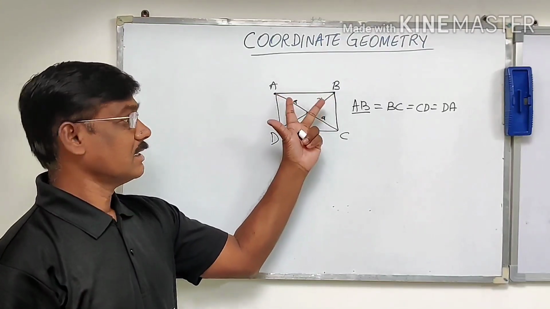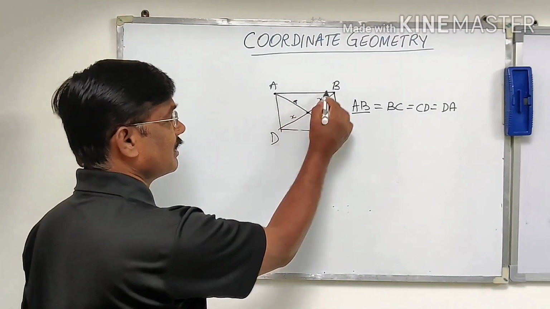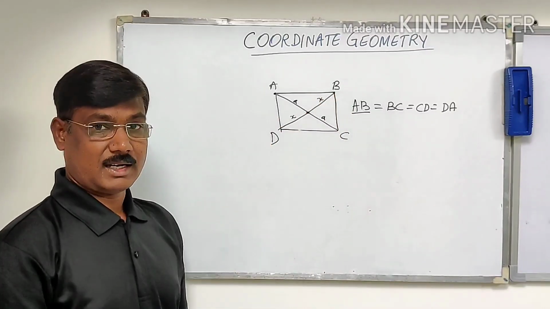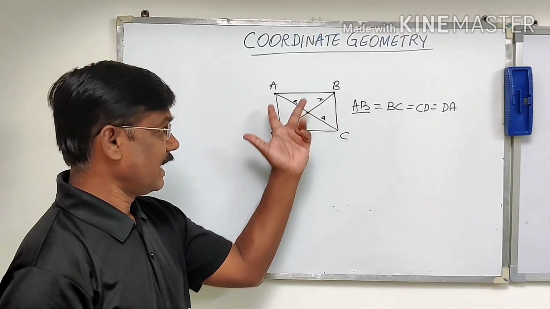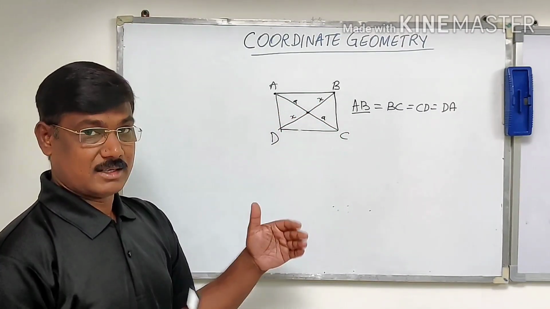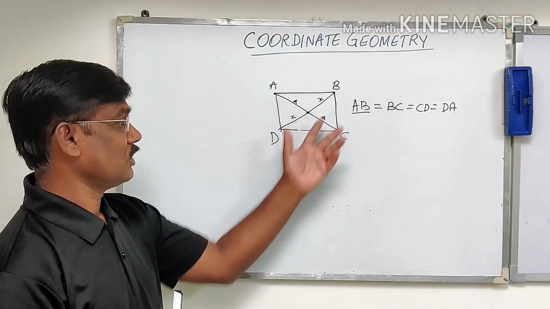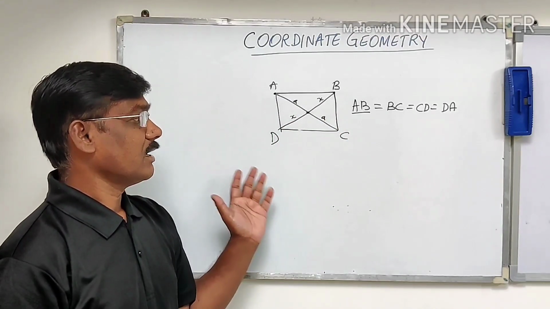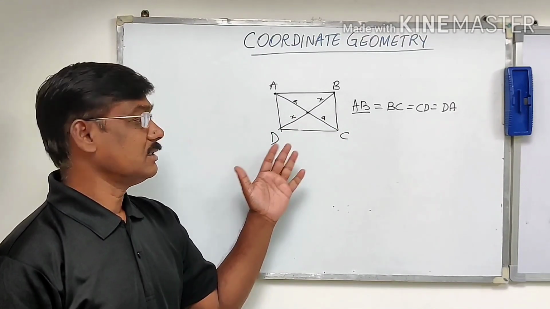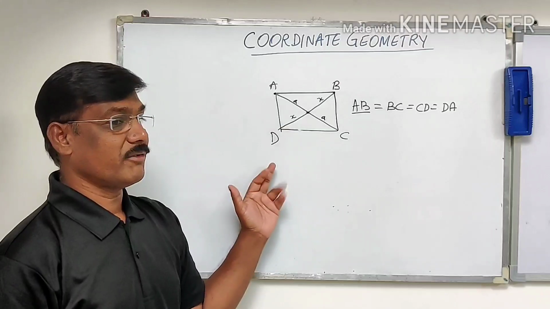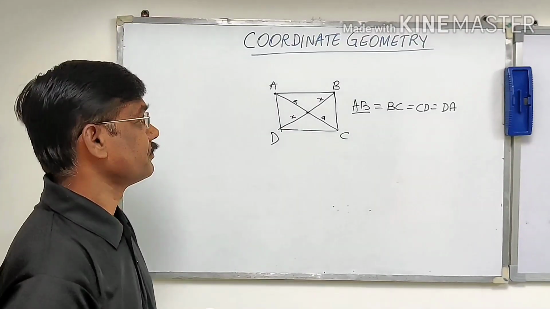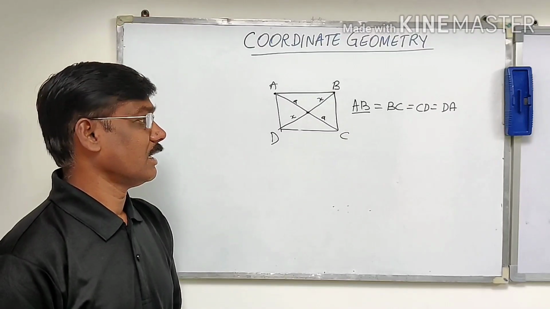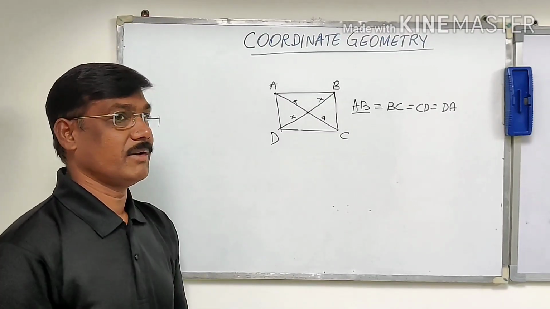That gives the length, and that is nothing but the sides of the rectangle. So by calculating the lengths of the geometrical figure, we can conclude that this particular figure is a square or rectangle or rhombus, whatever it is.